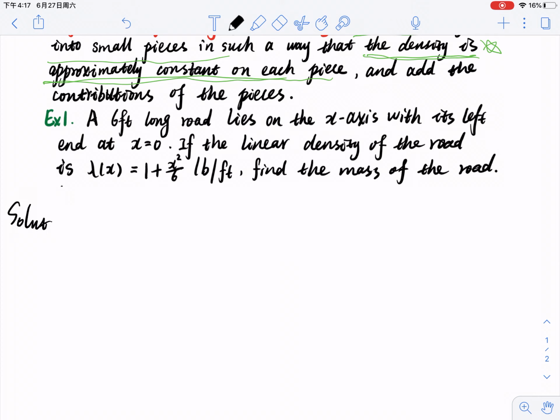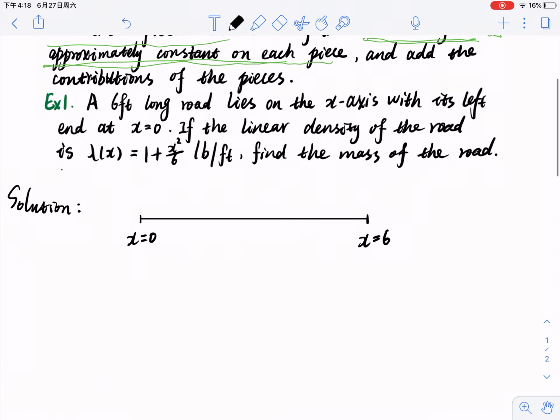So now let's draw a picture to illustrate this example. Suppose this is a 6 feet long rod with its left end at x = 0 and the right end at x = 6.